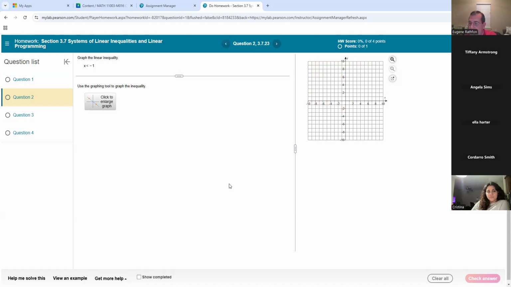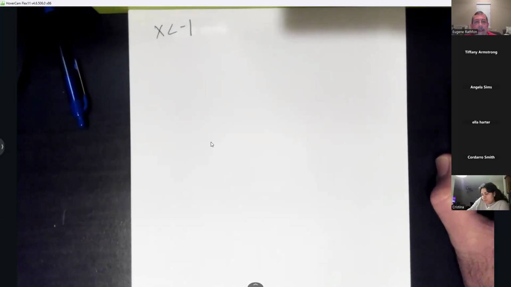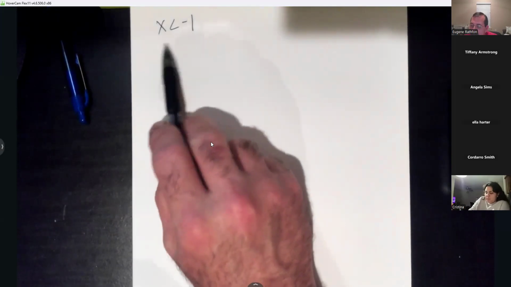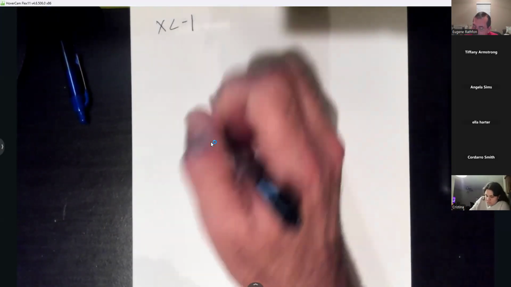All right, so let me write this one down. I'll do this one by hand real quick. X less than -1. Now, y'all notice there's no y variable in this problem at all.